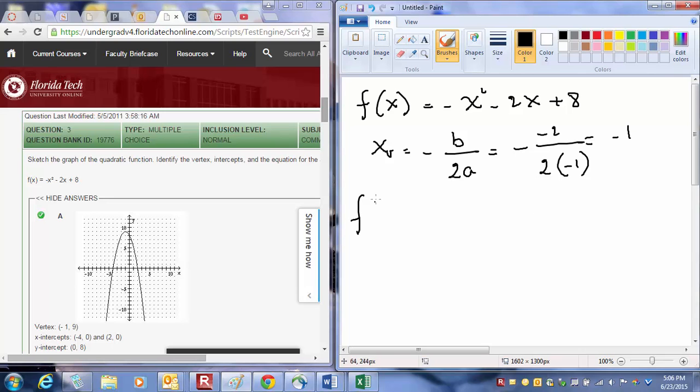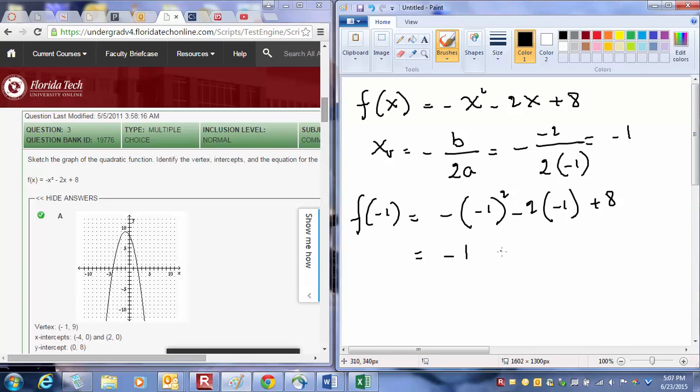Let's find the corresponding value of y. Make sure you have negative 1 squared. Instead of x, you put negative 1 squared, minus 2 times negative 1 plus 8. So negative 1 squared is plus 1, and plus 1 times negative is negative.